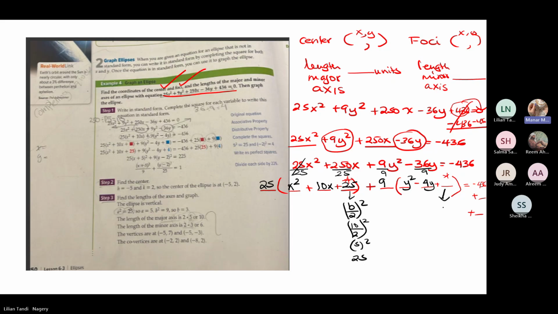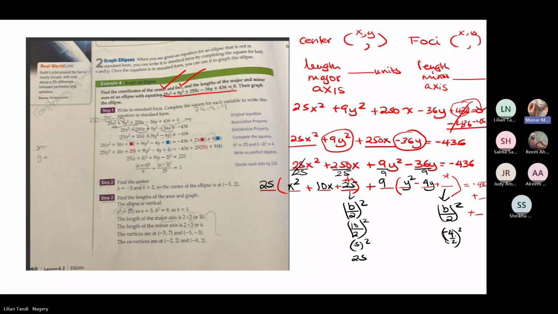How will I get this? B over 2 squared. So B is 36 or 4. What is our B? 4 over 2. -4. We just take the 4 with its sign. Yes, necessarily.